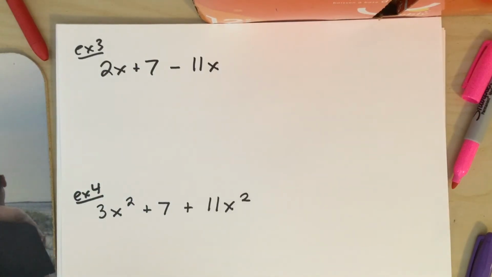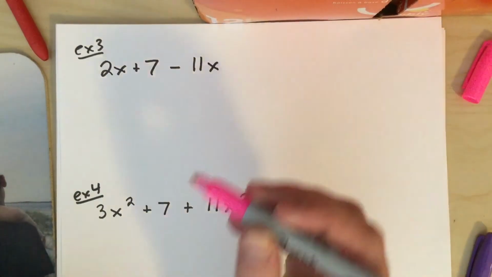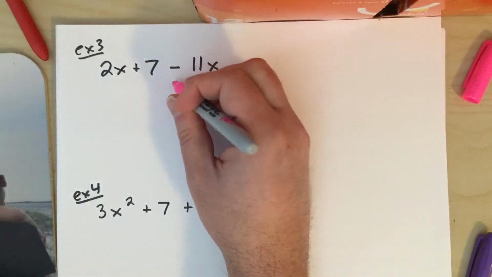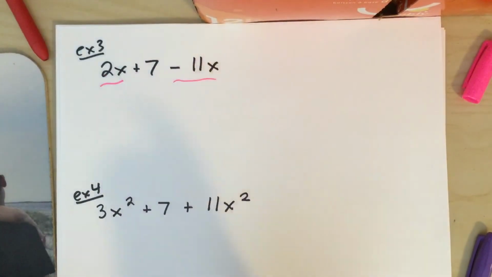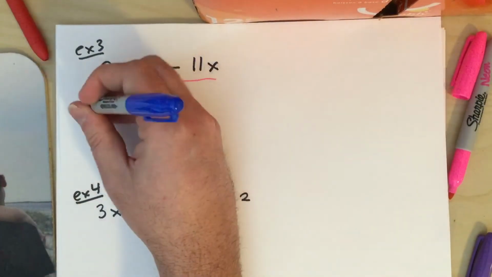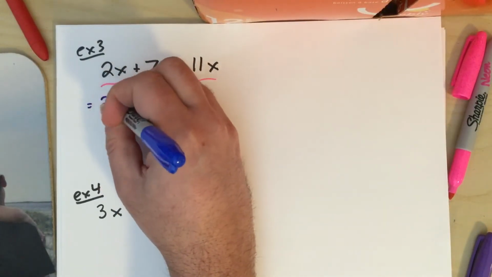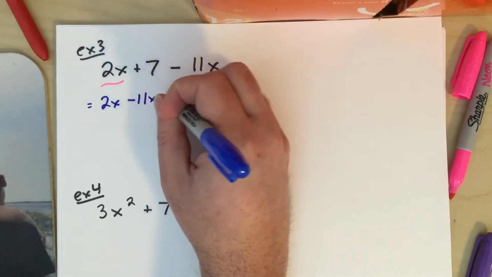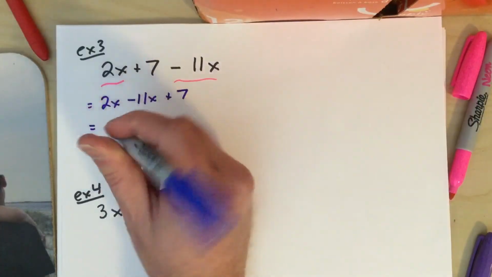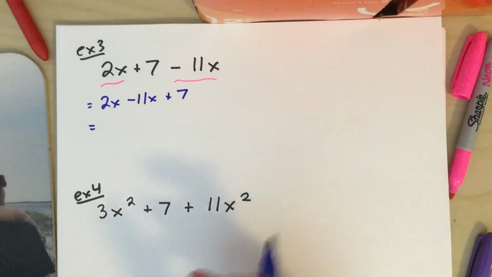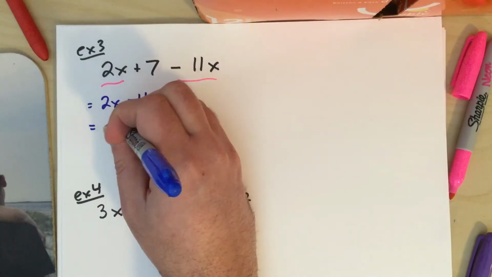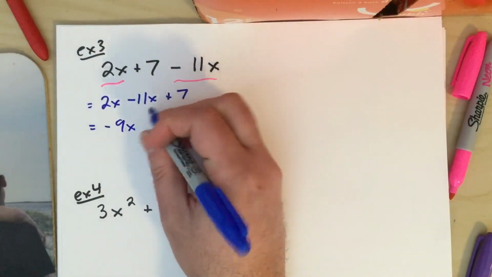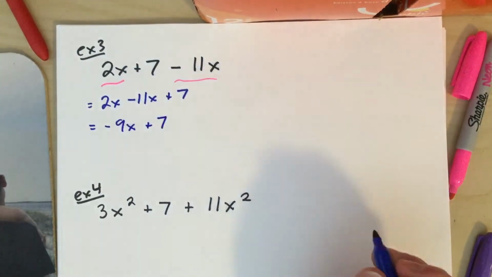2x plus 7 minus 11x. Nothing that's special here. These two are the same, or like terms at least. So we're going to end up with 2x minus 11x plus 7. And 2 minus 11 is actually minus 9. Minus 9x plus 7.